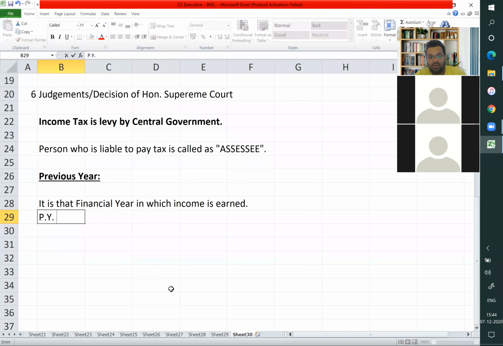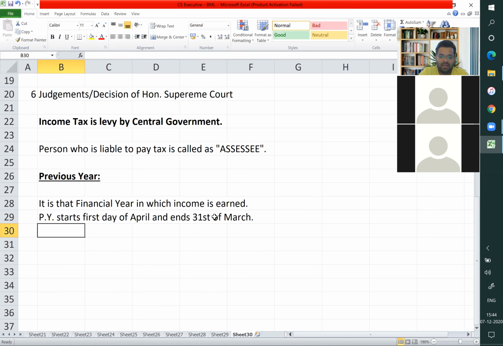So obviously previous year starts on the first day of April and ends on 31st March. It is usually a span of dash months.